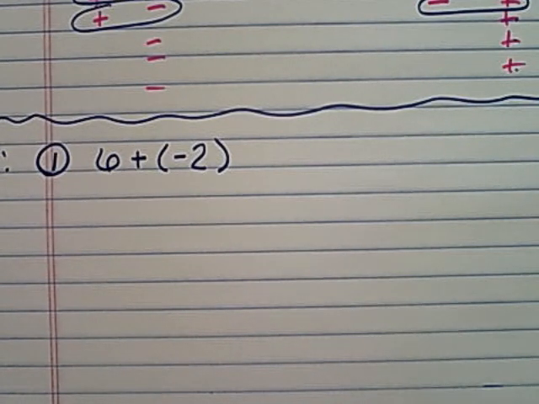Plus a negative means it's negative. And then you need to circle that. Put your positives and negatives underneath to represent that number. You do have zero pairs, so go ahead and circle them. And you should get your answer.